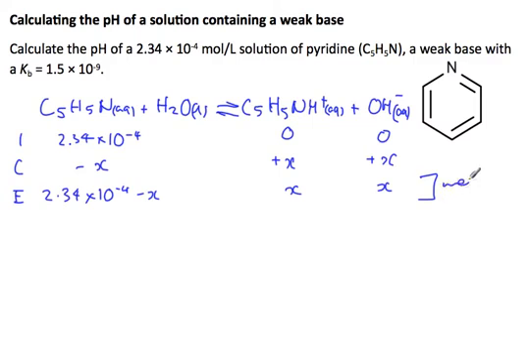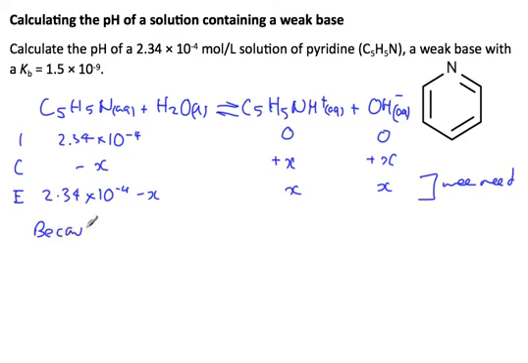This is what we need because we want to write a Kb expression. And so before we do that, though, we can quickly check our initial concentration, 2.34 times 10 to the minus 4, and our Kb, 1.5 times 10 to the minus 9. That's clearly going to follow the 100 rule. So we can make our assumption.